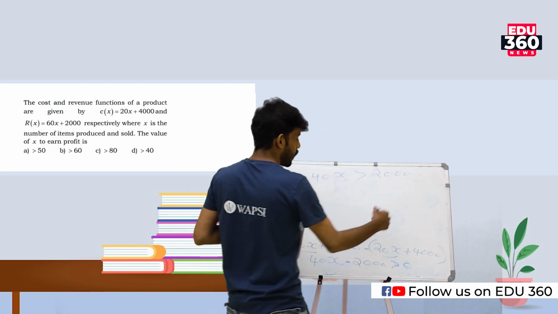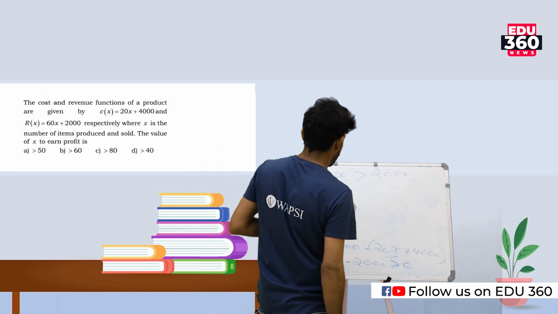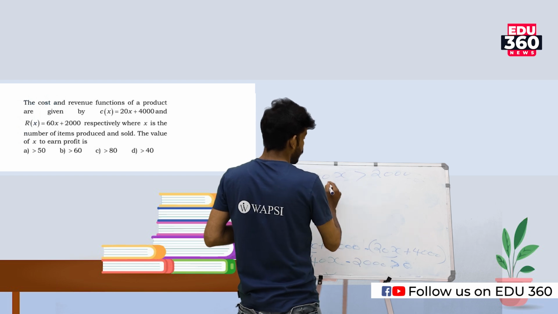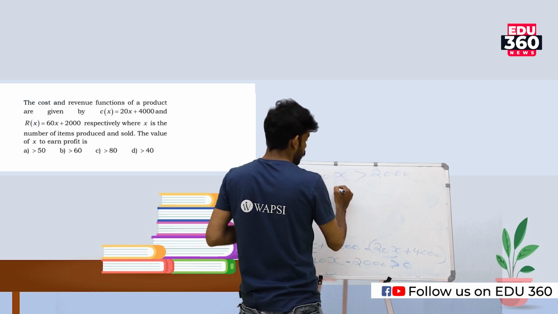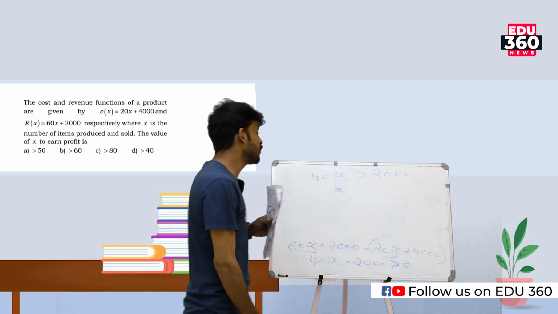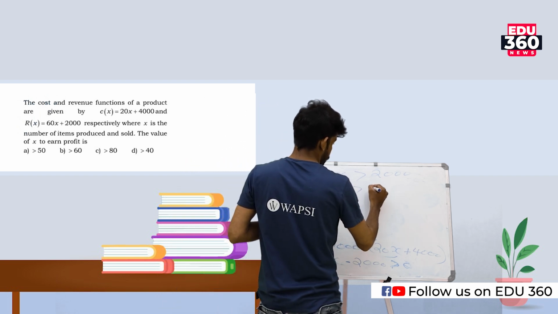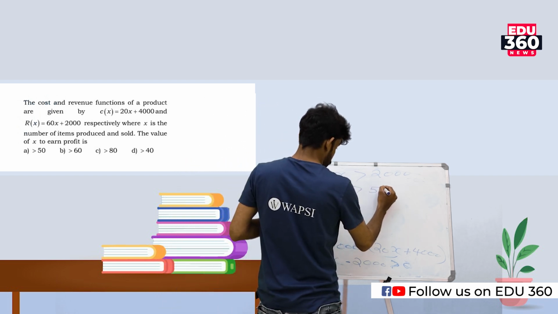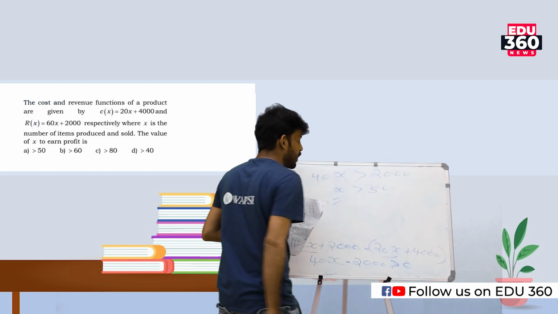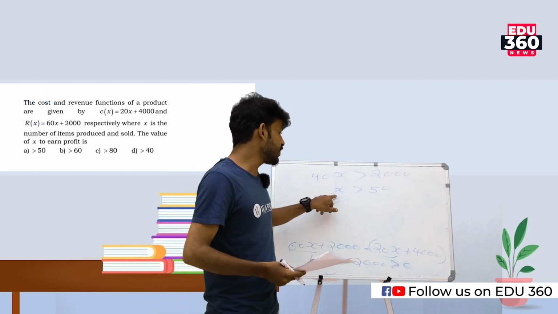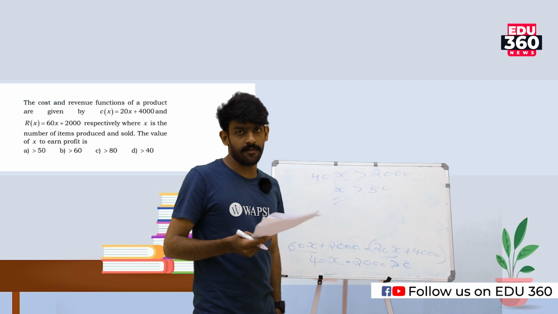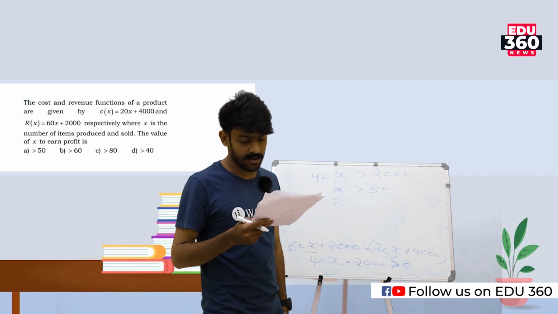If you are moving this to the right, it will become positive. So we can divide this by 40. While we divide this by 40, the value of x is greater than 15. The value of x is greater than 15.